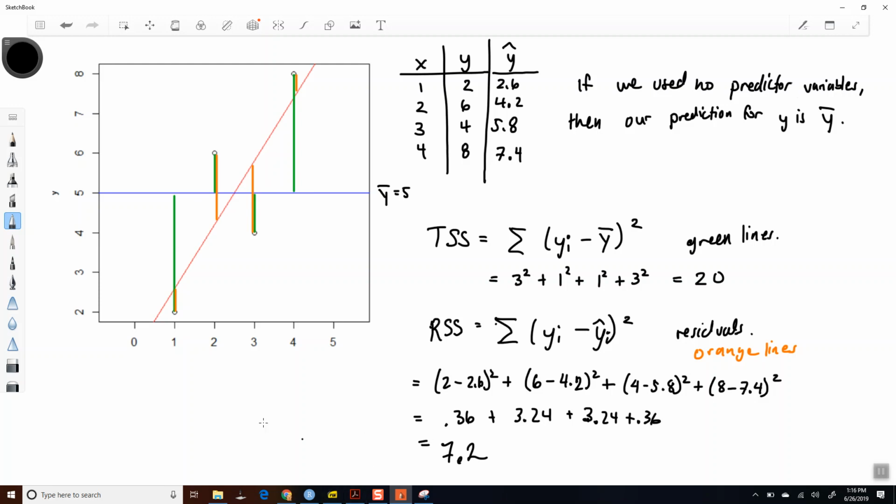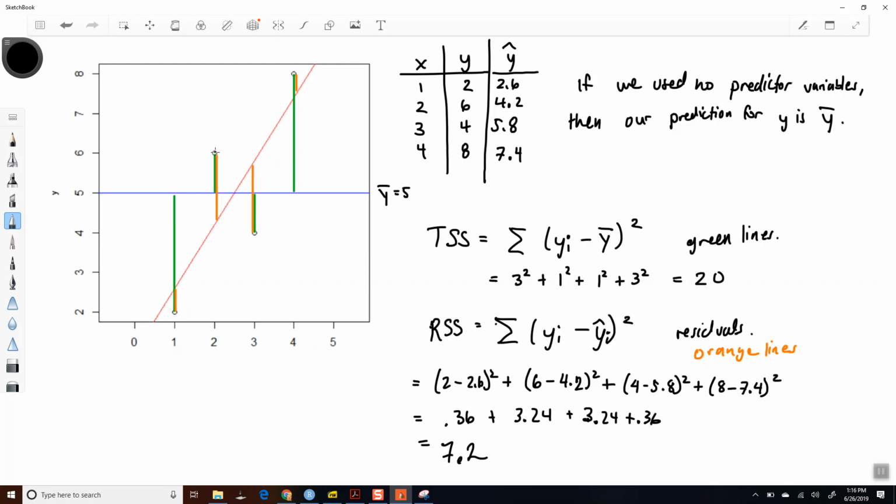So for this data point, using the red line is an improvement, because using the mean, I predicted 5 and the real value was 2, so I had a difference of 3. By using the prediction line, I'm predicting 2.6, so I'm getting an improvement there, okay?